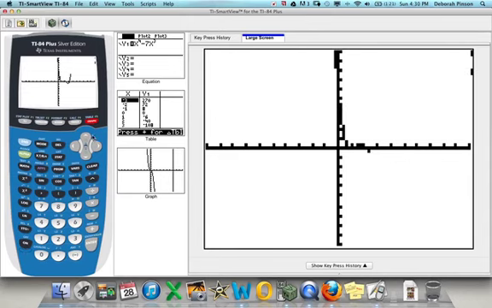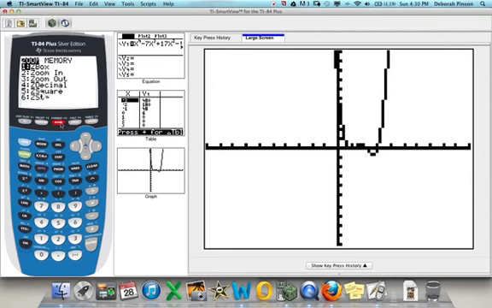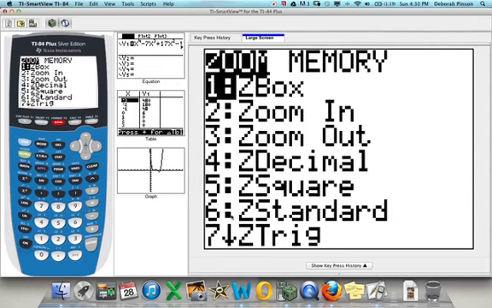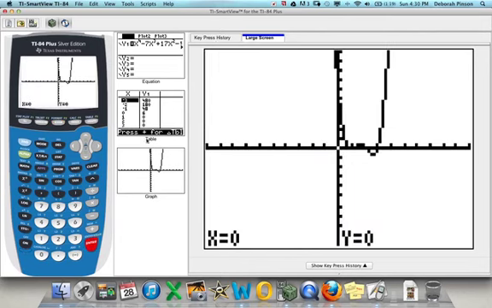Okay, now remember, your solutions are where it crosses the x-axis. Now I can see that it's doing some crossing there. I can see it crosses there. I can't really tell what happens there. So I'm going to zoom in. I'm going to hit zoom. And I personally like zoom box just because it lets me decide how much I want to zoom in.